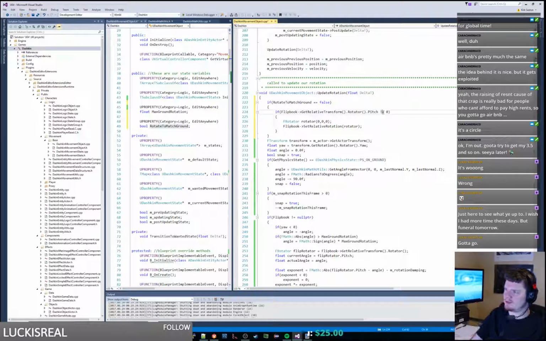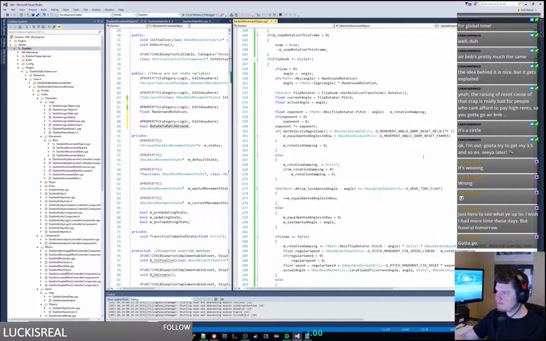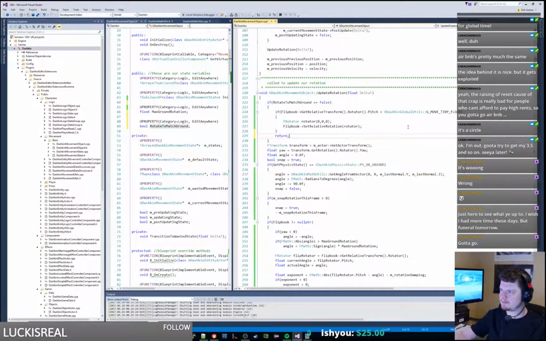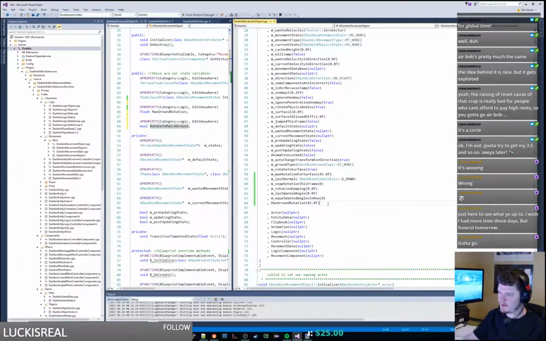I guess maybe I should do is greater than tiny float. So we can turn this on and off. It's going to be true by default.